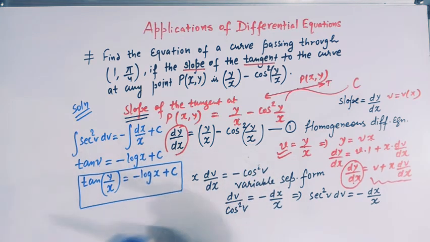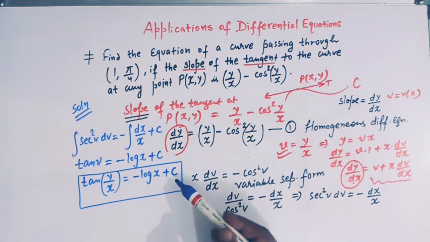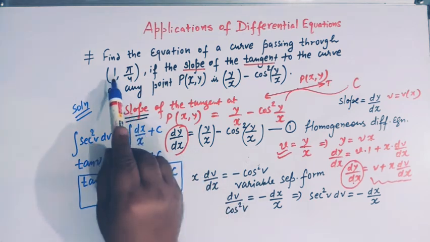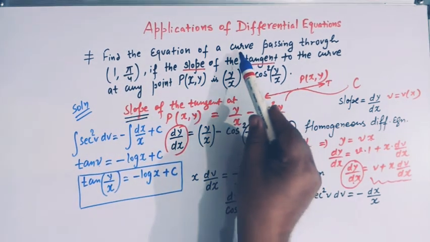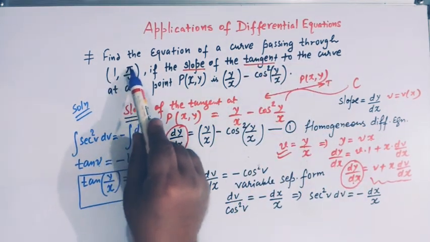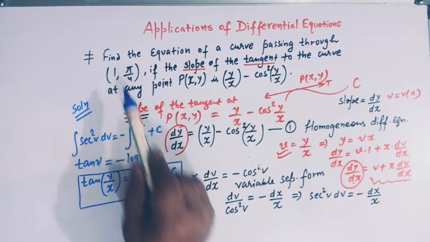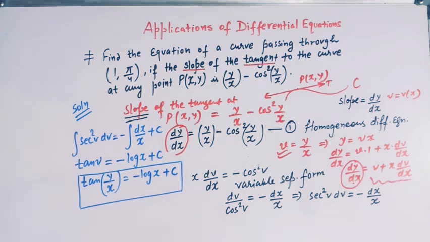But here we'll now find out the particular solution, because here we are given this condition that the curve passes through 1 comma pi by 4. So utilizing this condition, we'll find the value of c.